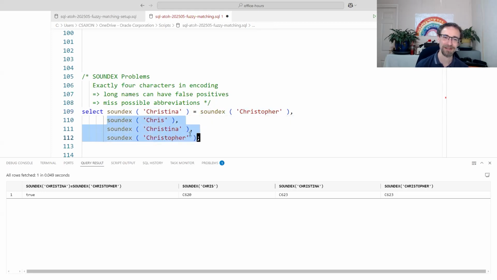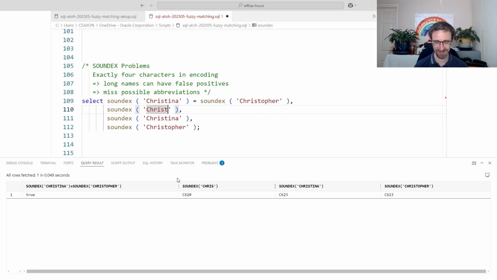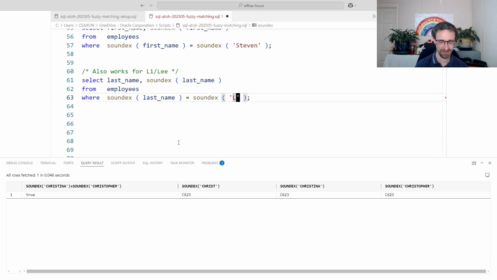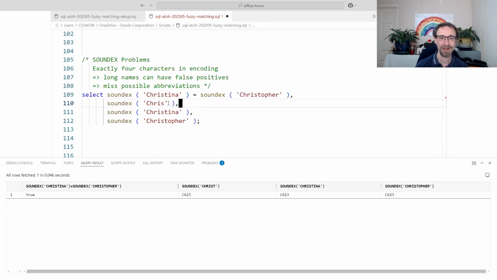Also, a slight consideration: Kris is an acceptable abbreviation for both of these names. But it's too short, right? It's C620, because if we put the T on the end there, you'll see it actually matches to the same. But we might be searching for a Kris, which is a Christina or a Christopher.